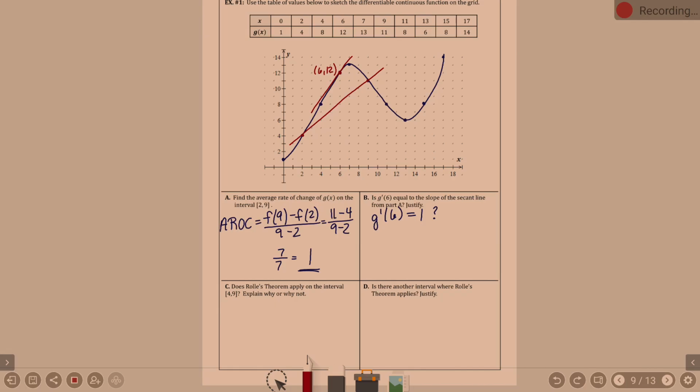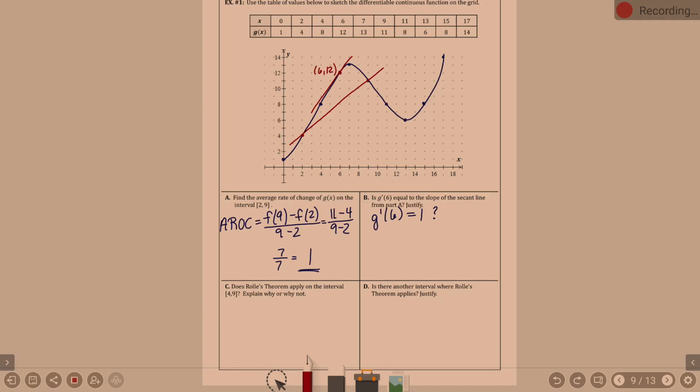I have values down, but I think it's just easier to look and see that the slope of the secant line does not equal the slope of the tangent line. Fair enough? Yeah.